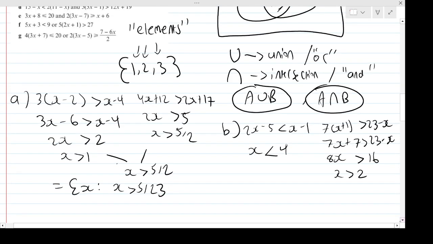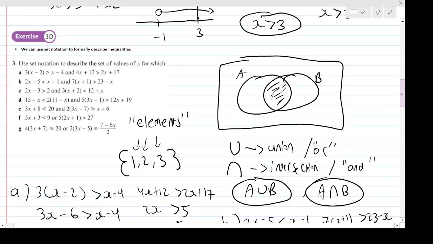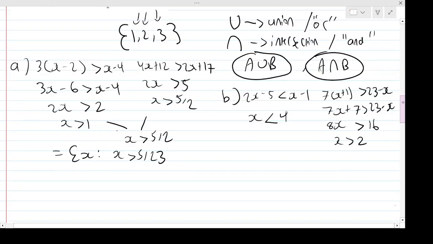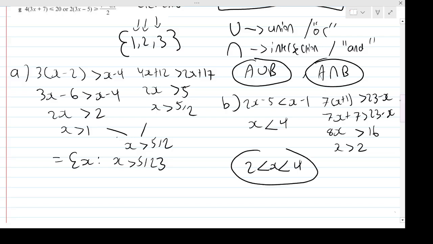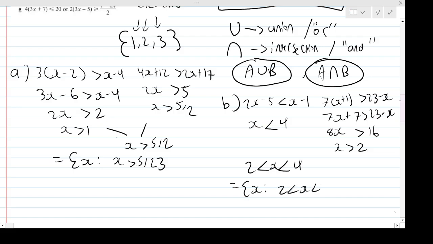Okay, you're saying and again, so it has to be a solution to both inequalities. So x has to be less than 4, but x has to be above 2. So 2 is the lower bound, the lower value of x. So 2 has to be less than x, but x has to be less than 4. So we can write that as one inequality, and therefore we can use set notation to say the values of x such that 2 is less than x, less than 4.